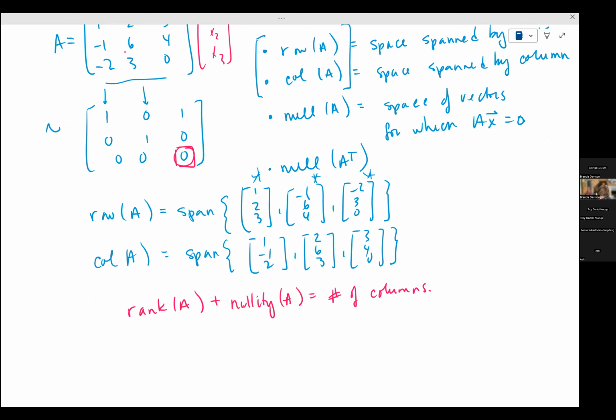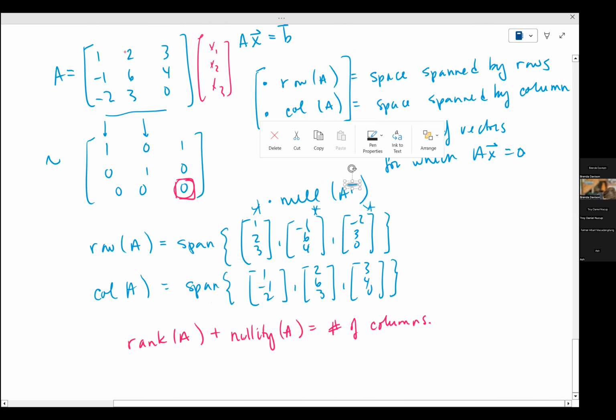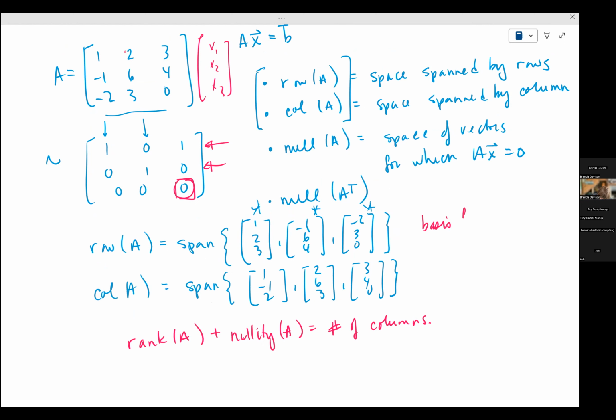So then the question is, the original question was when we have the matrix in its row reduced echelon form, we know that we've got 2 linearly independent rows. And if we want to know what is the basis, we want to have 2 basis vectors for the row space.